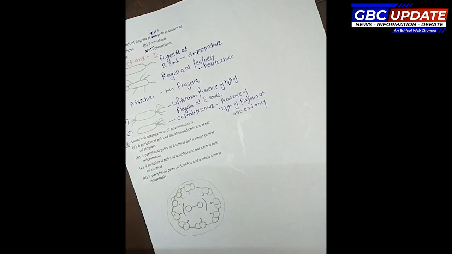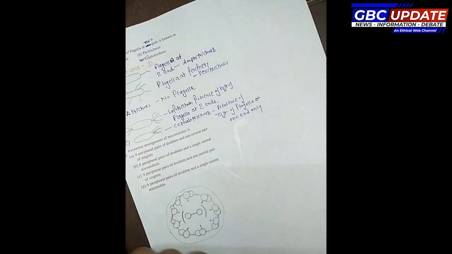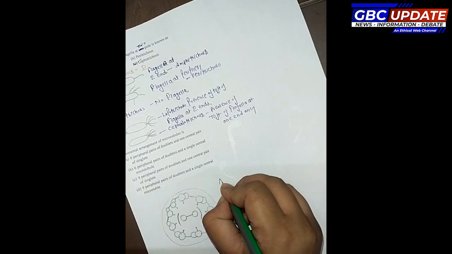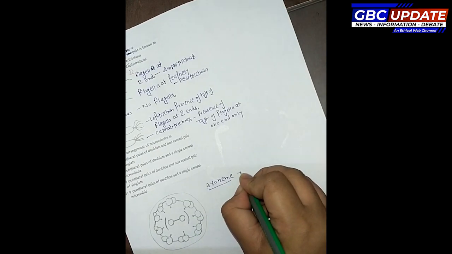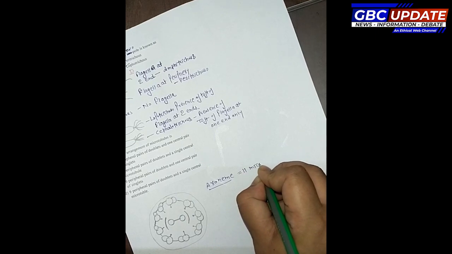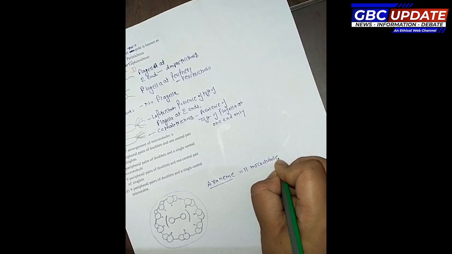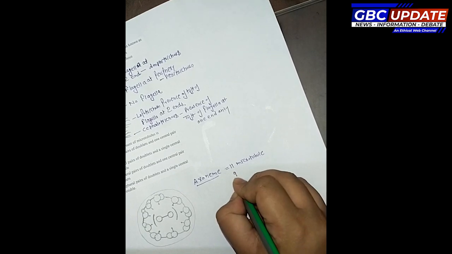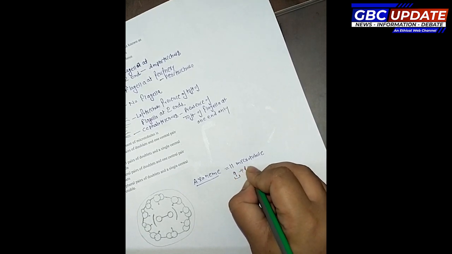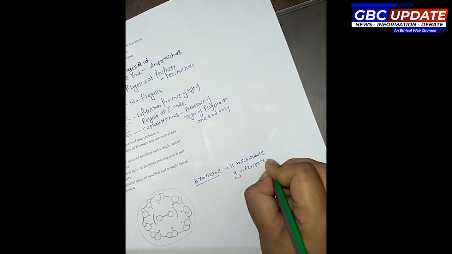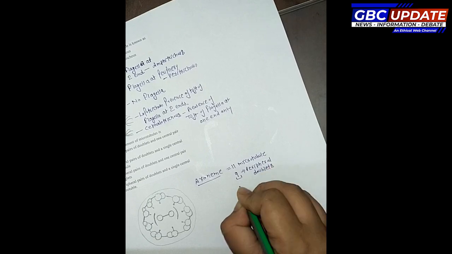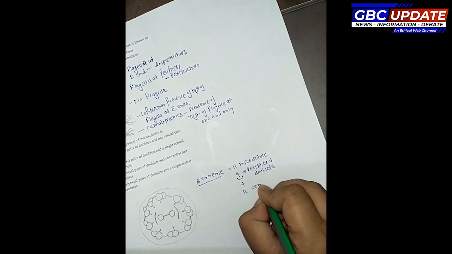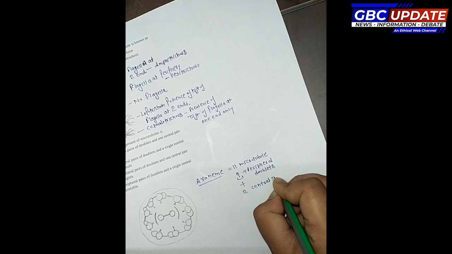So they have talked about axonemal arrangement of microtubule. First of all, we have studied what axoneme is. Axoneme is a total of 11 microtubules. These 11 microtubules represent 9 peripheral doublets plus 2 central singlets.